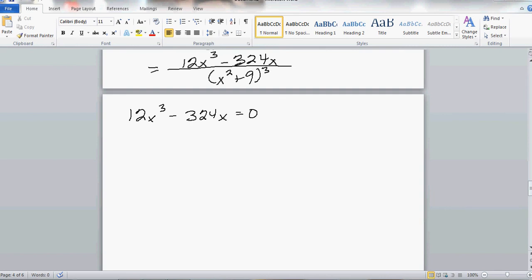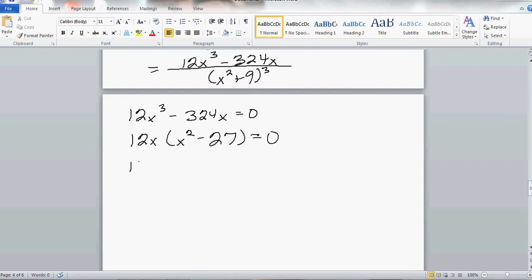I can factor out, let's see, does 12 go into 324? Yes, it does, 27 times. So I can pull out a 12x, leaving x squared minus 27.